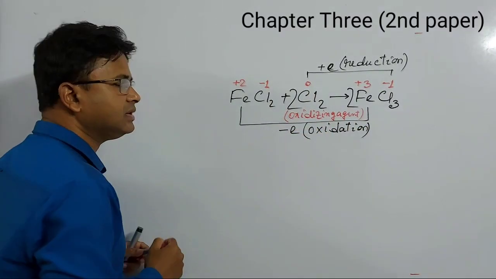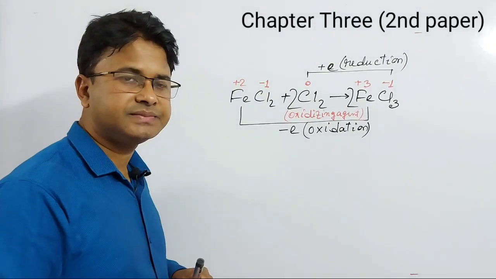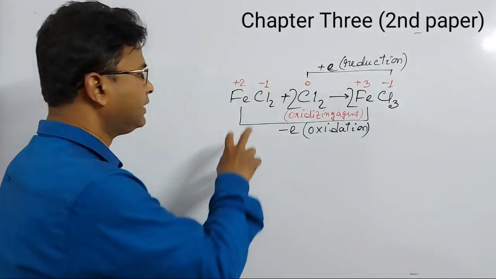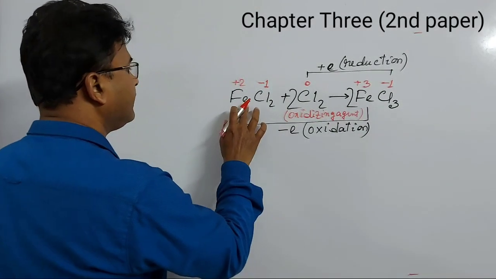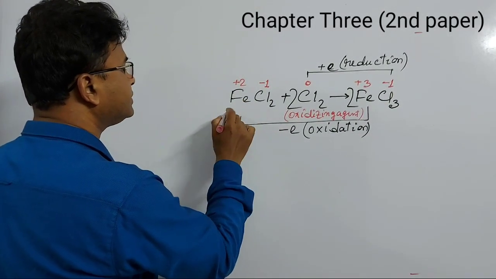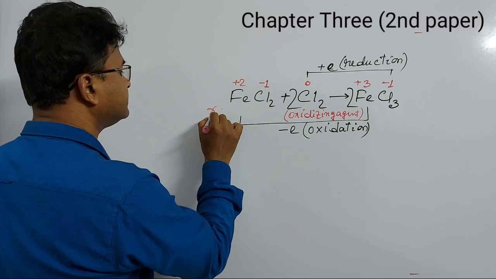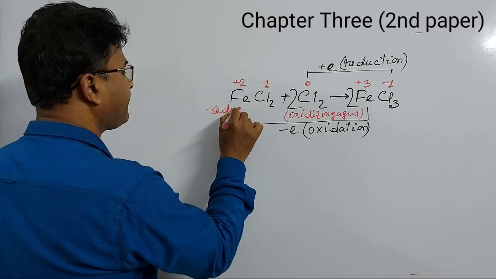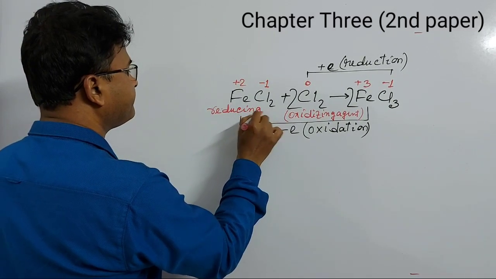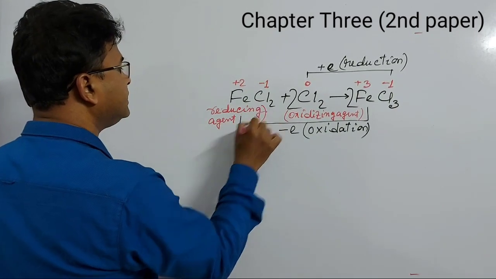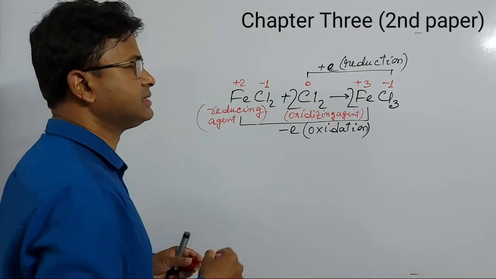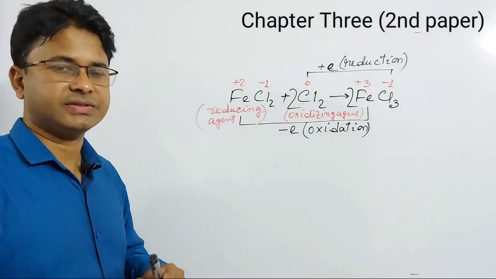And in a reduction reaction, the reactant which releases electron is called reducing agent. So here Fe2+ is the reducing agent.